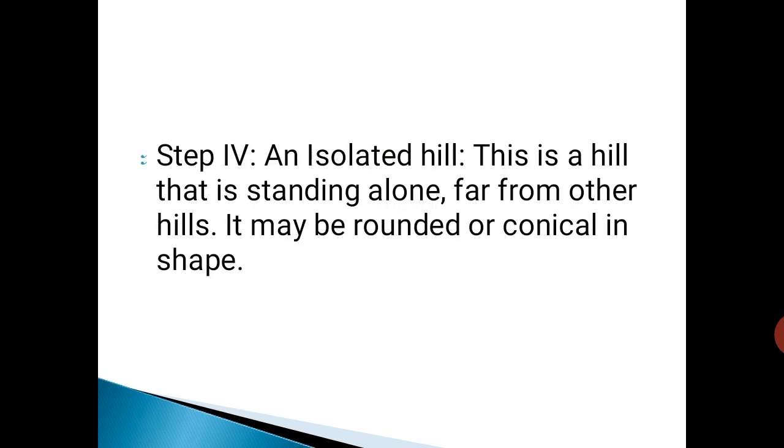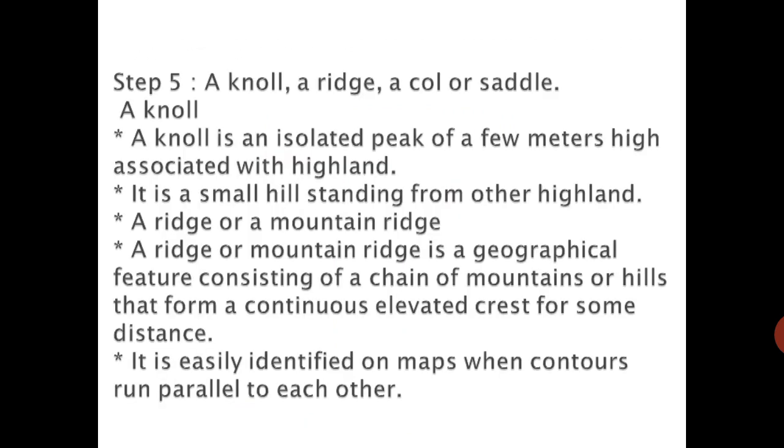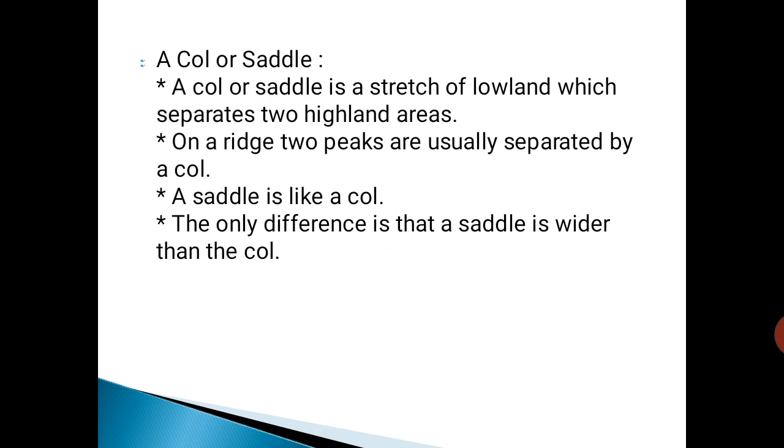And then an isolated hill is a highland that is standing alone in an area. So a ridge, of course, I told you, is a chain of highlands in a particular area. So this is the summary of the lesson so far taught.